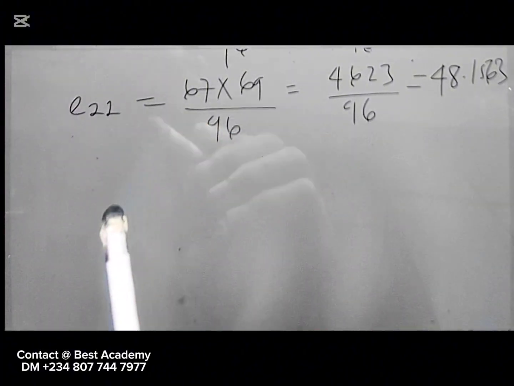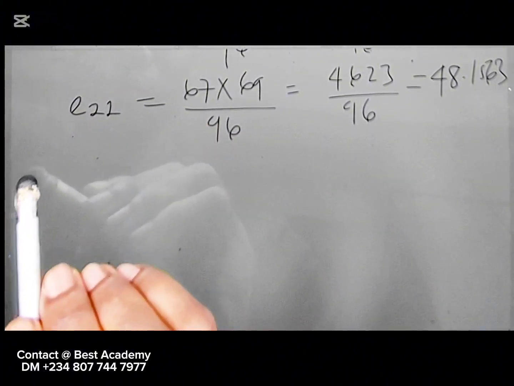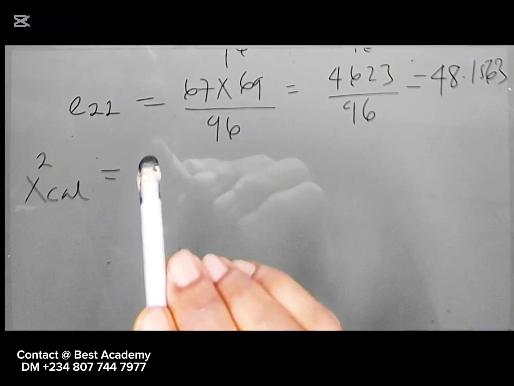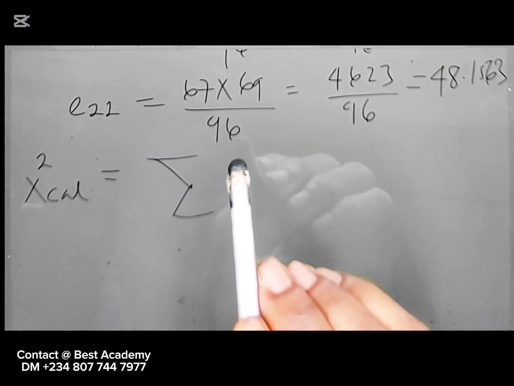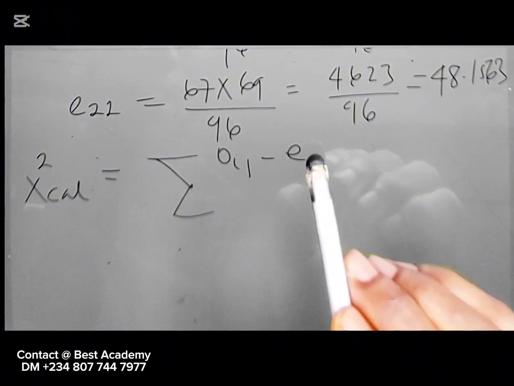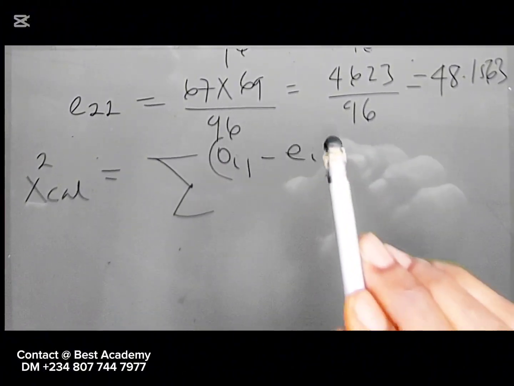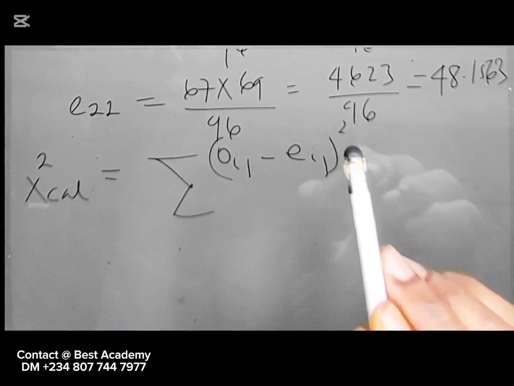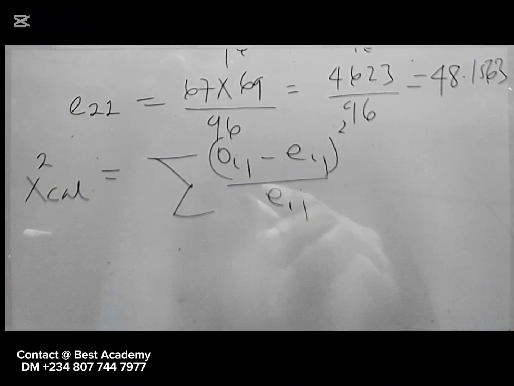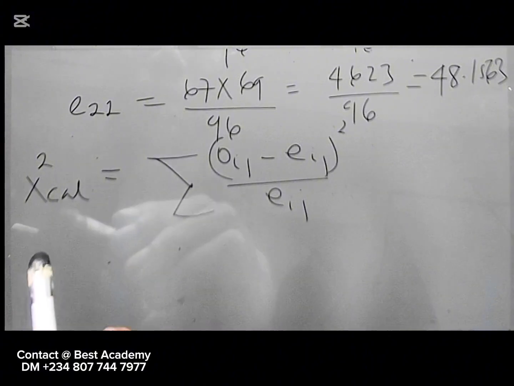So that means the formula for chi-square calc is equal to the sum of observed frequency for each row and column minus expected for each row and column, all squared, over expected for each row and column. Please take notes.